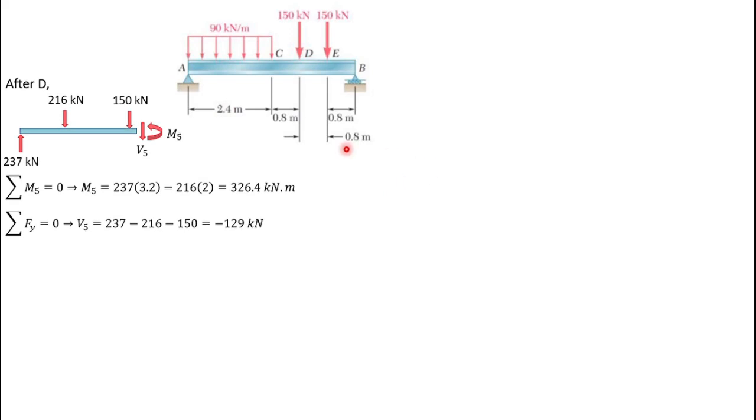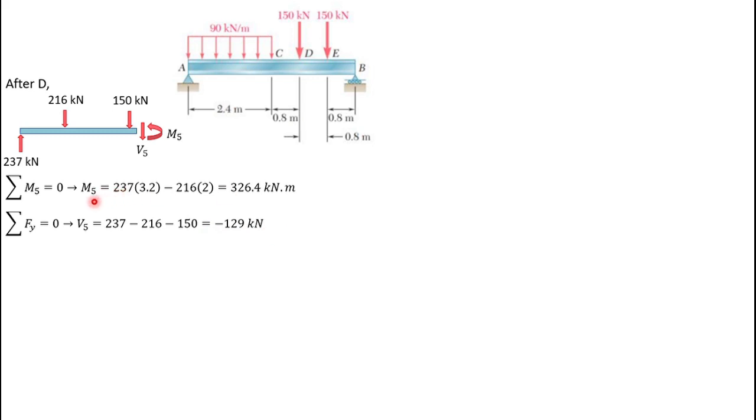And then for the sectioning right after D, we have these three loads. So V5 is equal to 237 minus 216 minus 150 kilonewton. So we have V5 equal to minus 129 kilonewton.